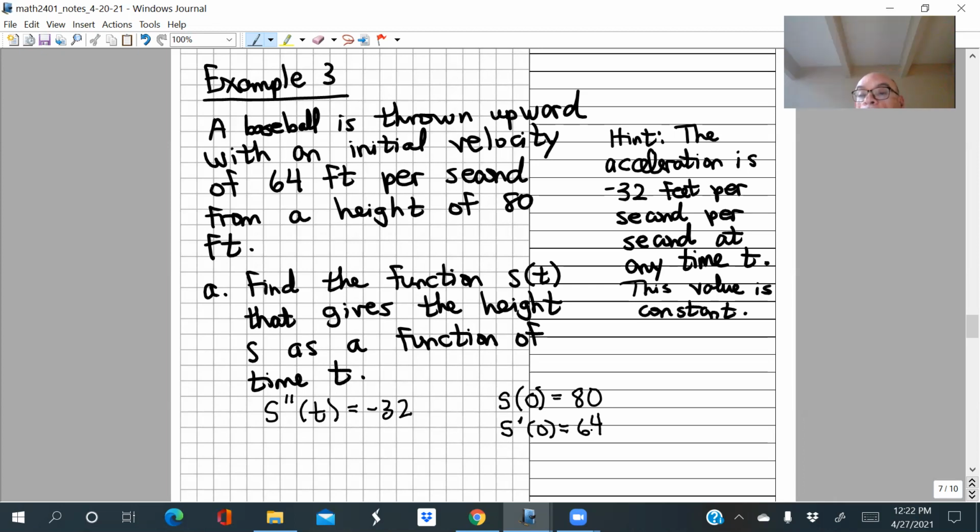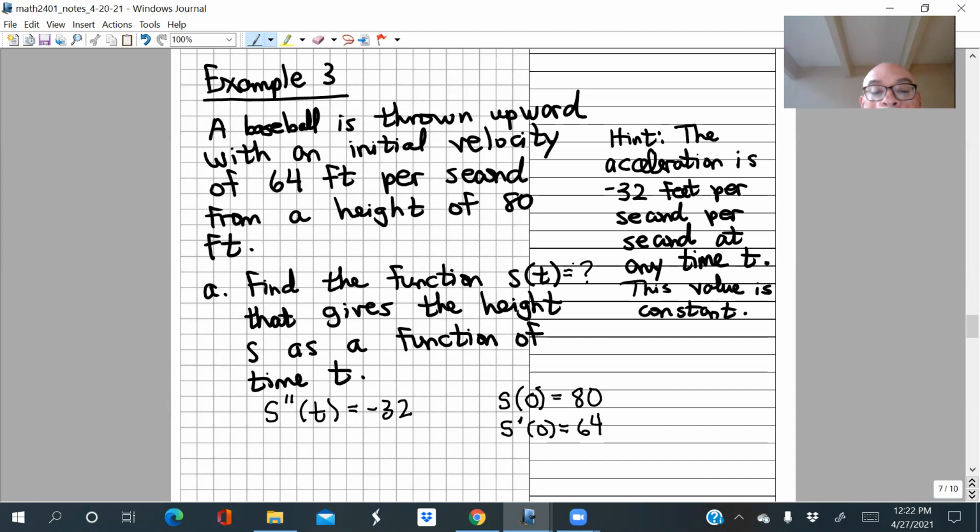So we have a little bit of information to work with, but now I want to write down the whole formula for s of t. I want to be able to figure out the height at any time t, not just 0, so I can predict the height of the baseball at any time t.